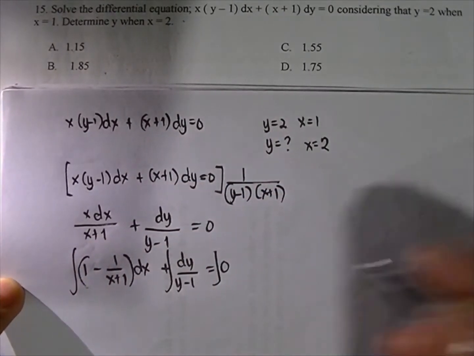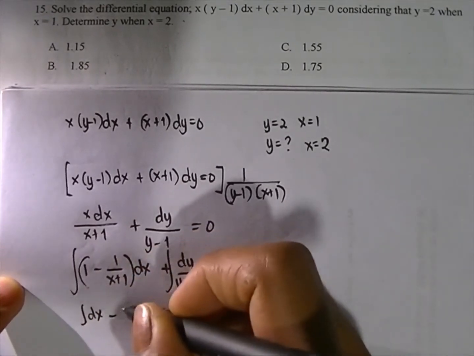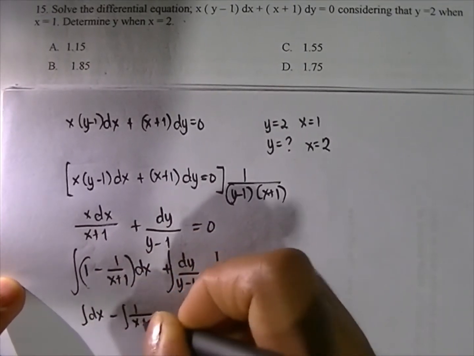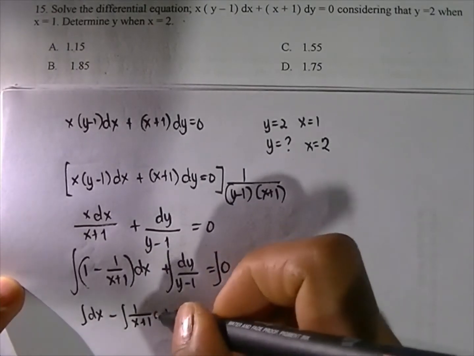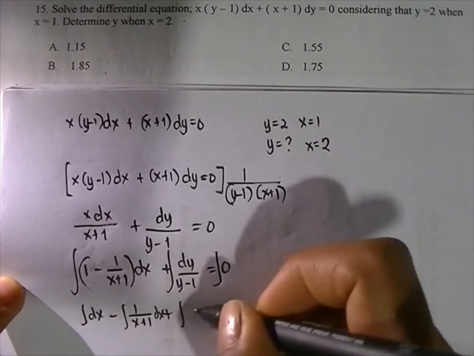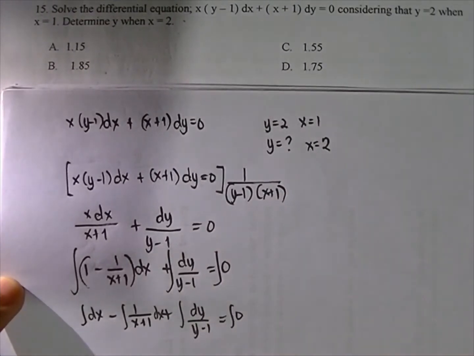We have the integral of dx minus the integral of 1 over x + 1 plus the integral of dy over y − 1 equals the integral of 0.